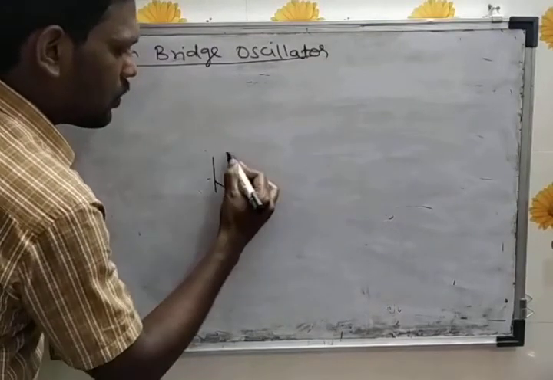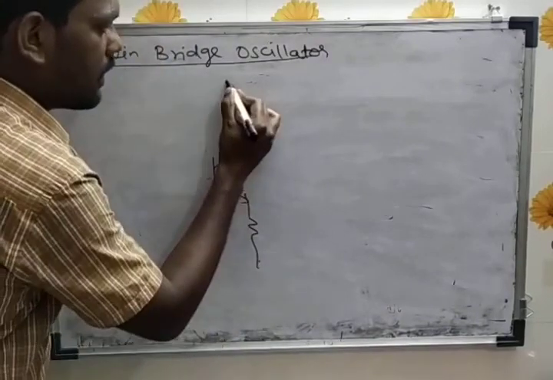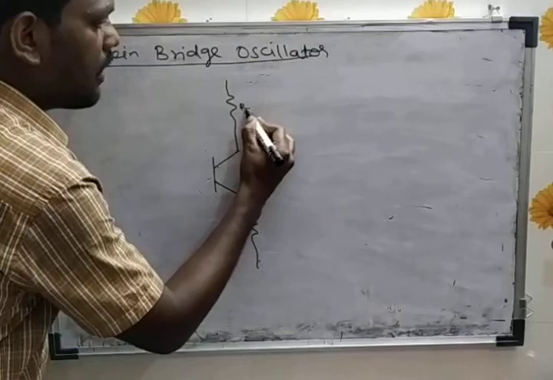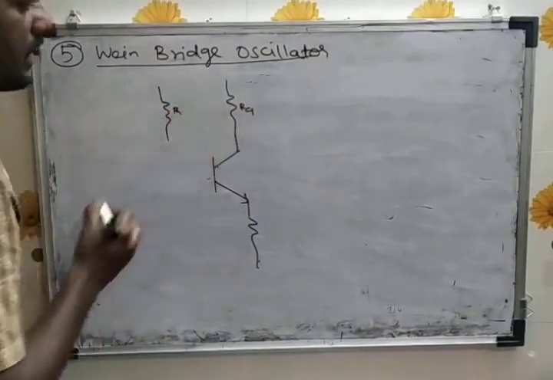We have to draw a 2 stage common emitter configuration. Here I am taking RC1, stage 1 with a self-bias circuit.